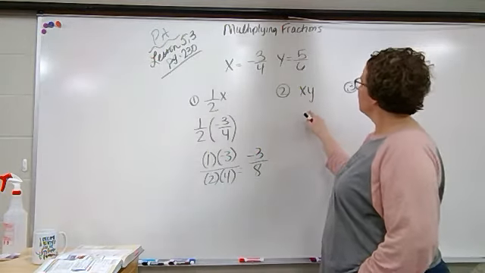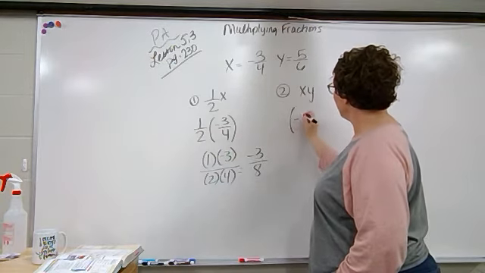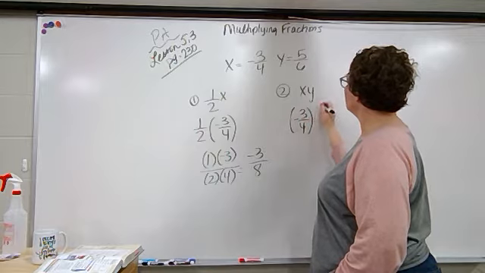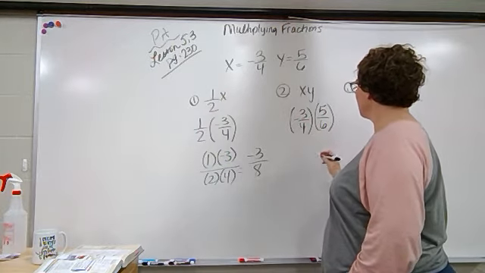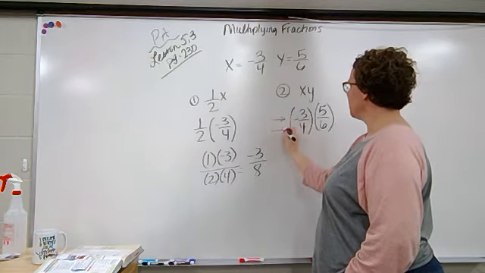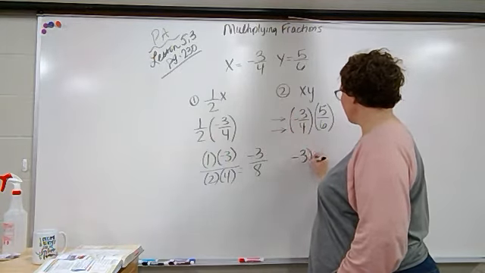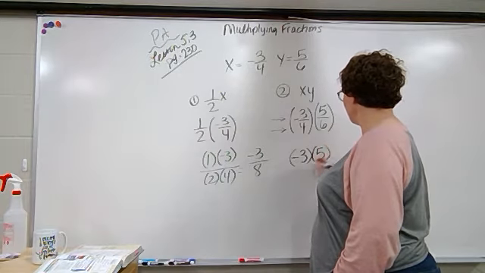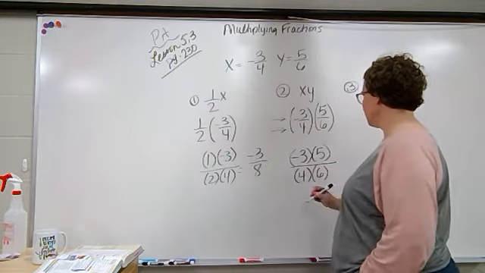On this one, this number 2 says x times y, so I'm going to have -3/4 times 5/6. All right, again, multiply straight across numerators, straight across denominators. -3 times 5 divided by 4 times 6.